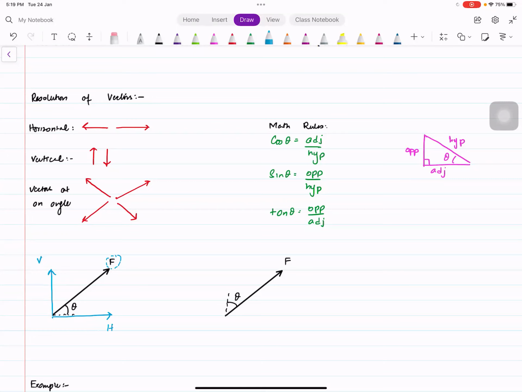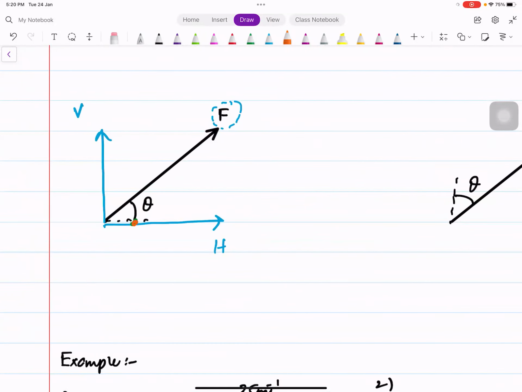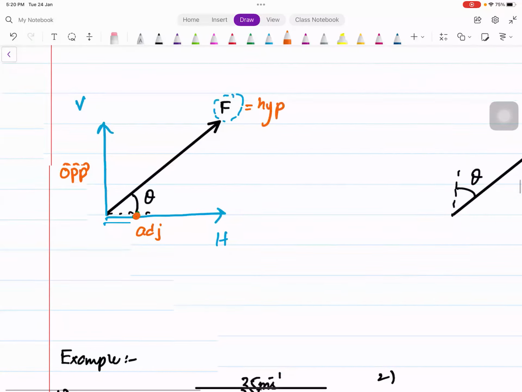If you notice, the adjacent side is always next to the angle, and the hypotenuse is next to the angle as well, whereas opposite isn't. This side is next to this angle, so this makes it the adjacent, this makes it the opposite, and this makes it the hypotenuse.